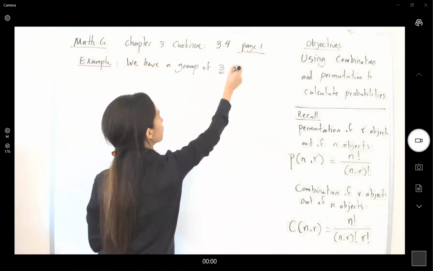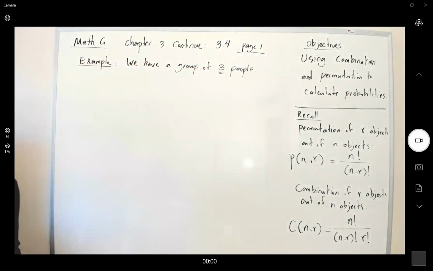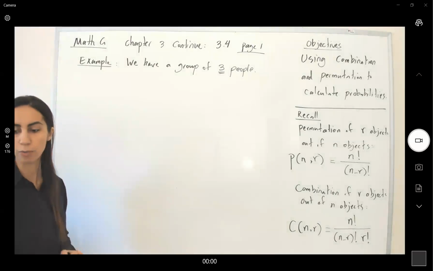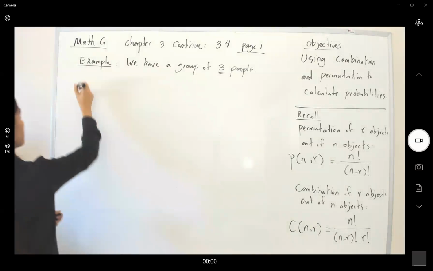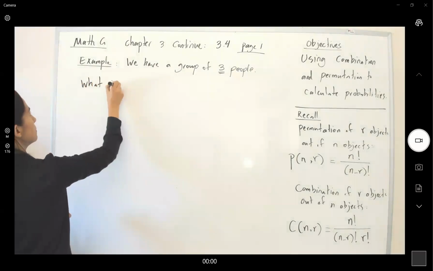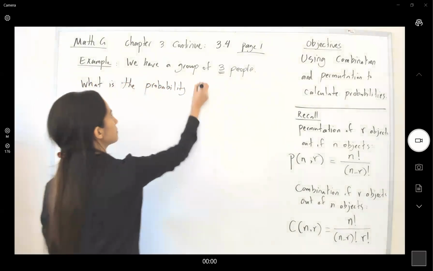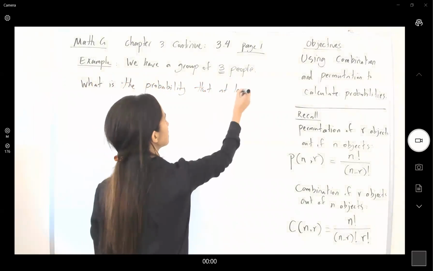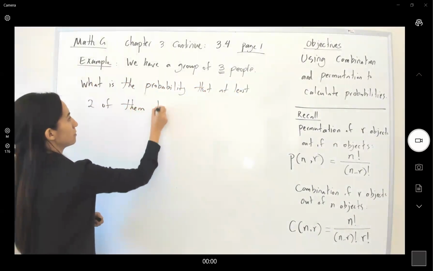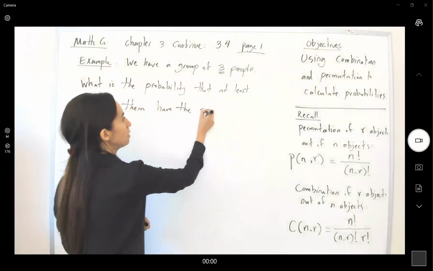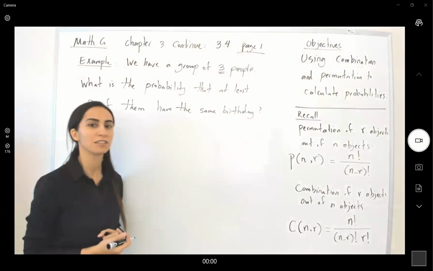The question is, what is the probability that at least 2 of them will have the same birthday?